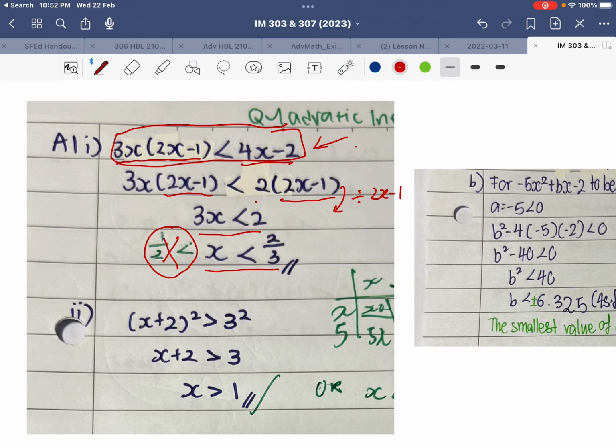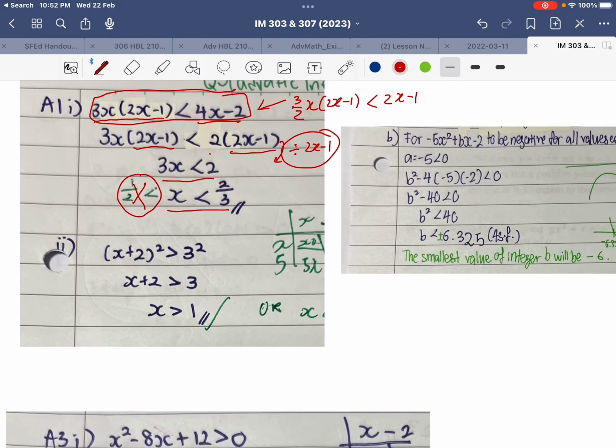If I divide by 2, for example, it becomes 3/2 times (2x minus 1) less than 2x minus 1. That one is okay because you divide by a number. But you can't divide by a variable. It will be totally different. Okay, so that's the first misconception.